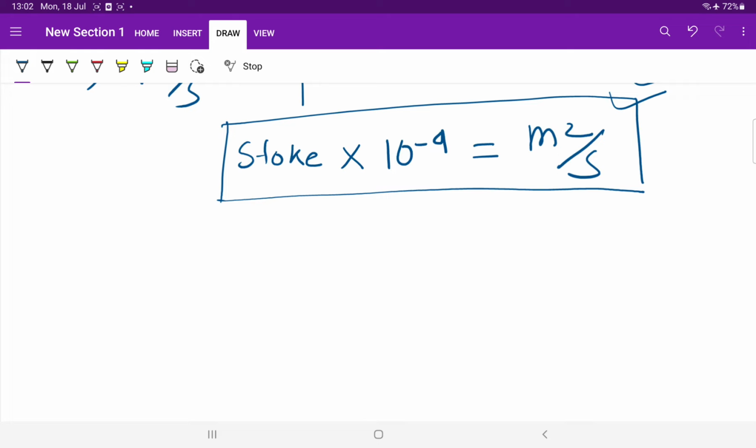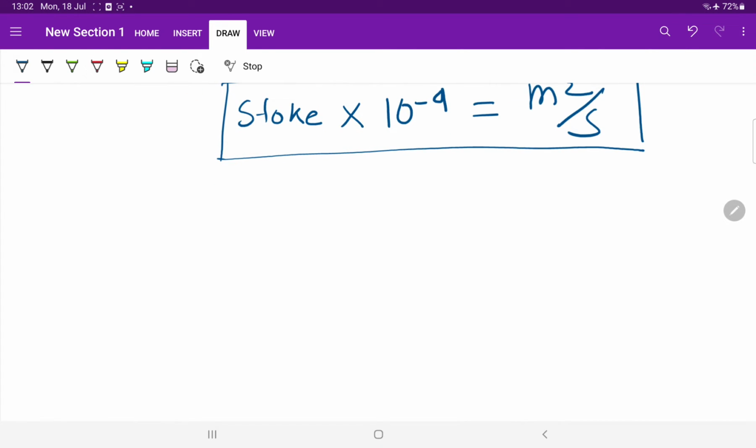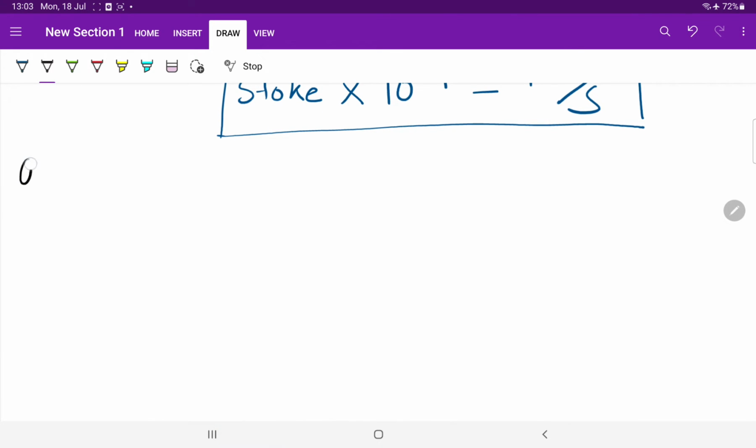Now get ready with your scientific calculators, because we will solve the numericals, right? So let us write the question first. Just write the question here along with me.